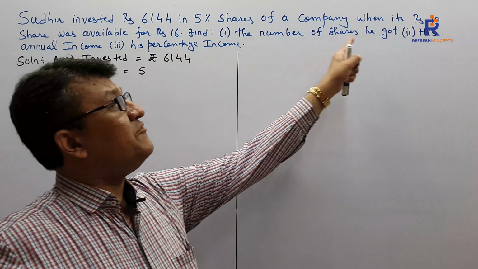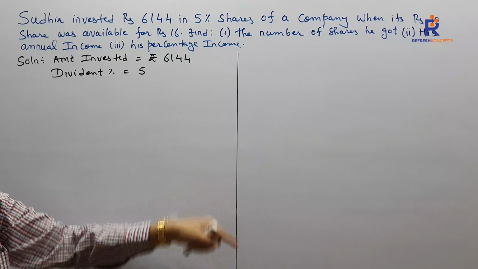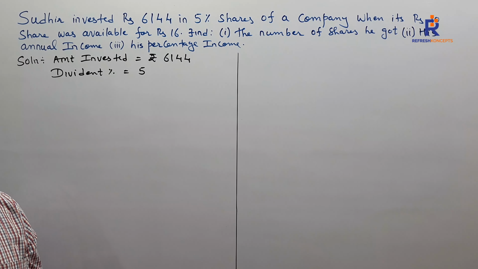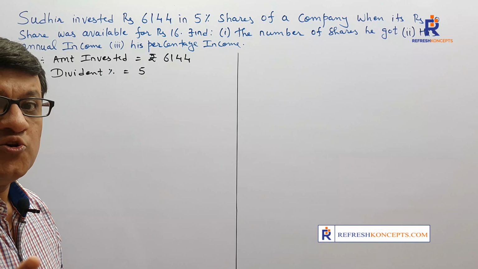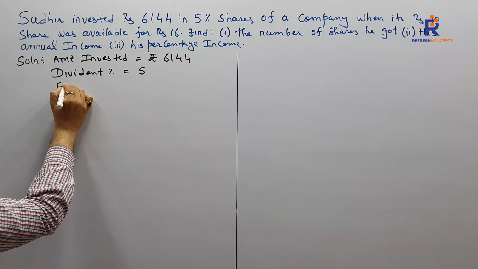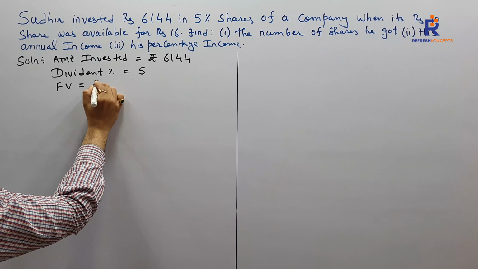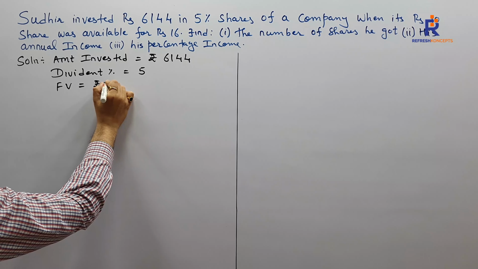Of a company when its rupees 10 share was available for rupees 16. Now what is that language? Rupees 10 share means face value. Face value or nominal value is rupees 10.